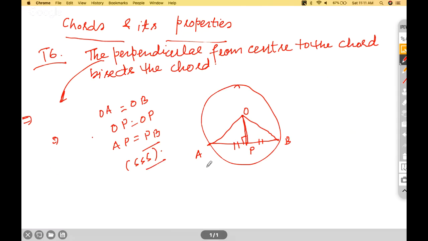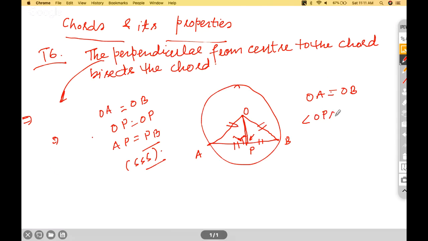Now you also know that angles opposite to equal sides would be equal. So OA is equal to OB, so the angles opposite to this side and this side, I mean this angle and this angle, would be equal.